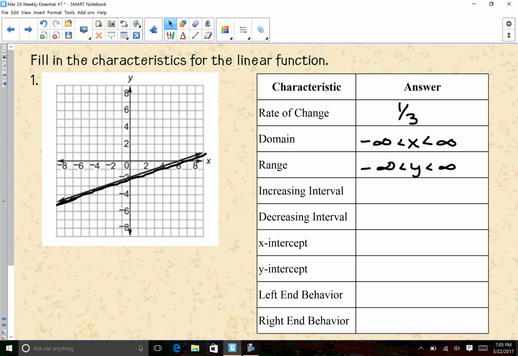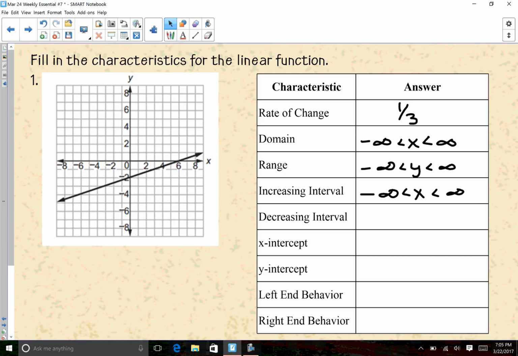Therefore, this is an increasing function, and it's increasing everywhere. If I start on the left and I follow the line, notice that line just keeps going up and up and up. So it's increasing from negative infinity to infinity.